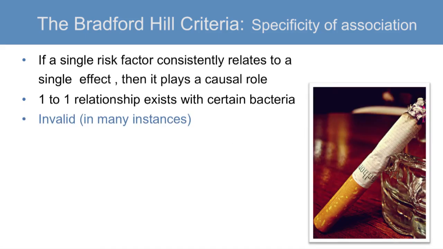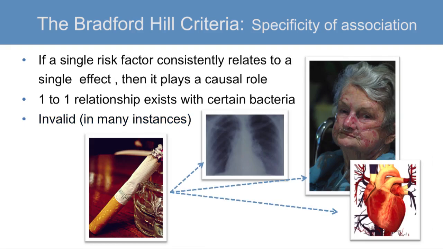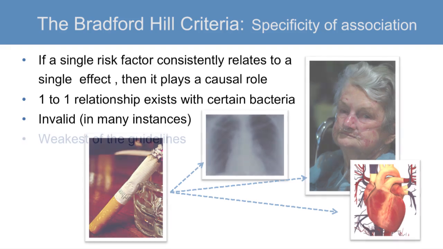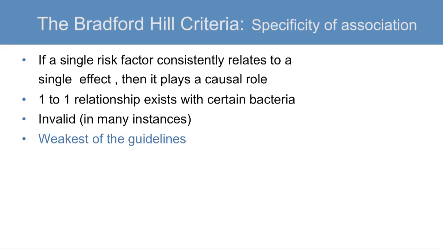The specificity of association criterion has also been proven to be invalid in a number of instances, with smoking being the classic example. Evidence clearly demonstrates that smoking does not lead solely to lung carcinogenesis, but to a myriad of other clinical disorders ranging from emphysema to heart disease.